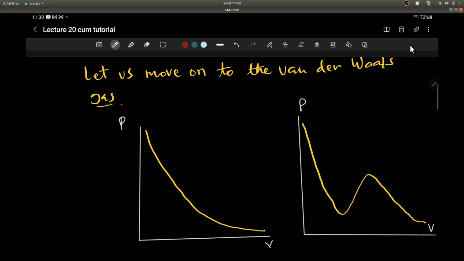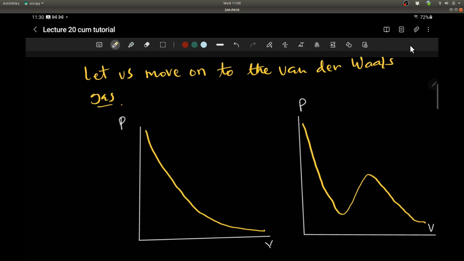We have drawn this, and now a question to you is, on the left, is T less than Tc or T greater than Tc? The diagram on the left has no anomalous behavior, so it must be greater than Tc.